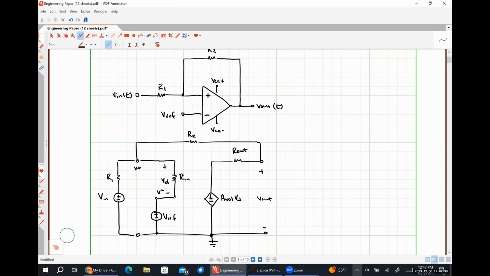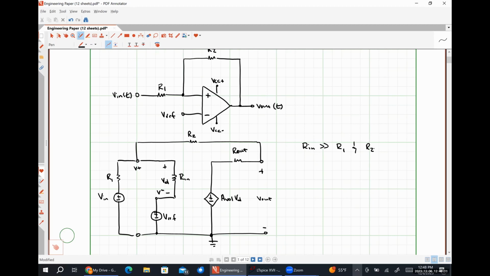So we are going to make a couple of assumptions here in order to figure out how things work. One of these assumptions is what we talked about in our last class meeting. I am going to assume that my resistance Rin is much, much greater than R1 and R2, the resistors that I'm using to bias my network.